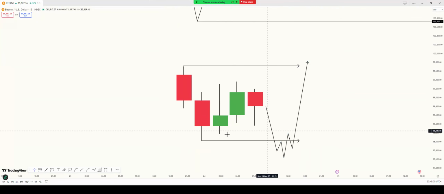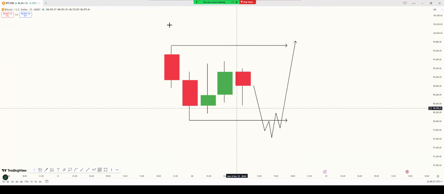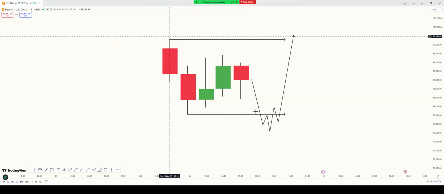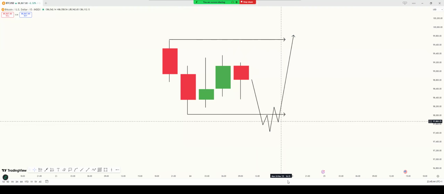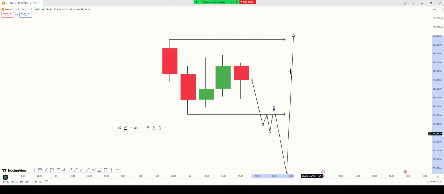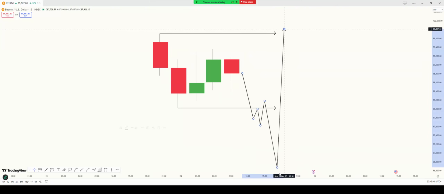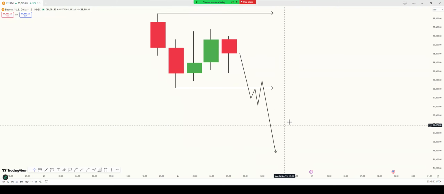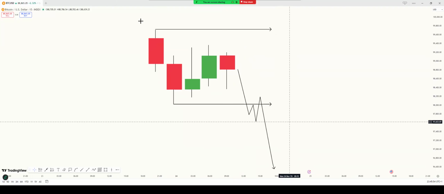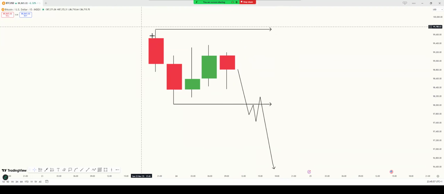Because there are sometimes that price would sweep an SSL like this, and keep going lower and lower, and it would never ever reverse, right? So there are rules and laws that I have managed to develop to help trade this profitably.